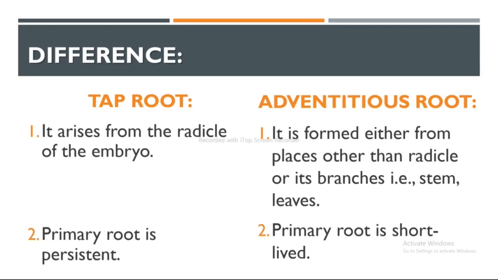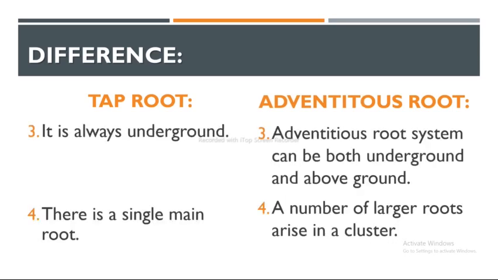Adventitious root, it is formed either from places other than the radicle or its branches, for example, stem and leaves. Taproot, primary root is persistent. Adventitious root, primary root is short-lived. Taproot, it is always underground. Adventitious root system can be both underground and above the ground.